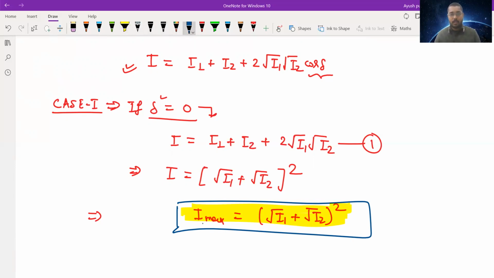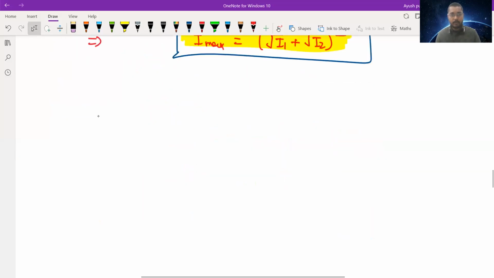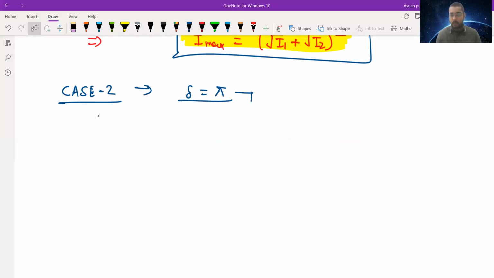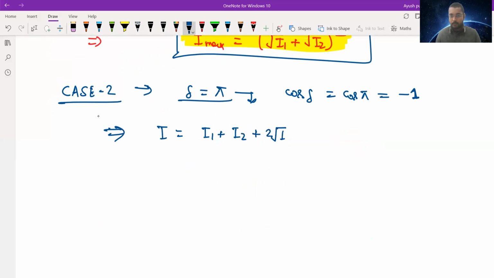In case 2, I am taking delta equal to pi. If delta is equal to pi, what will be the value of cos delta? Cos pi will give me -1. So let's put this value in the equation: I is equal to I1 plus I2 plus 2 root I1 root I2, and cos delta will be -1.